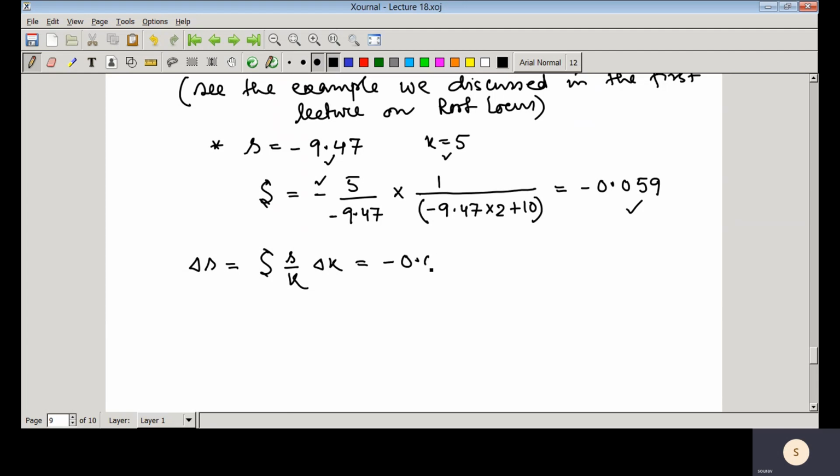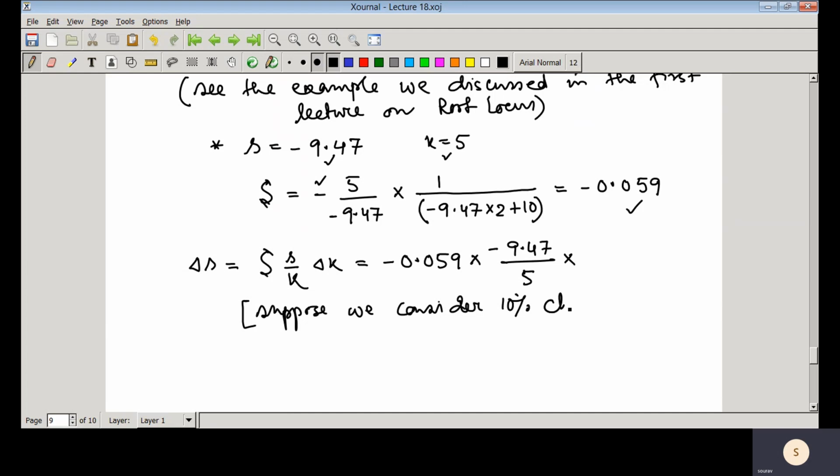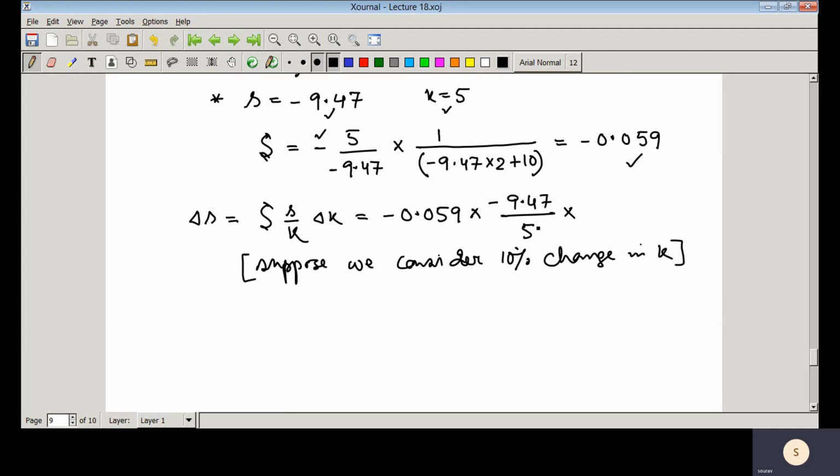So here we get the root sensitivity 0.59 into the pole, which is at minus 9.47, K is 5, and delta K, suppose we consider a 10% change in K. So 10% change in K means your K was 5, and a 10% change would be 0.5.